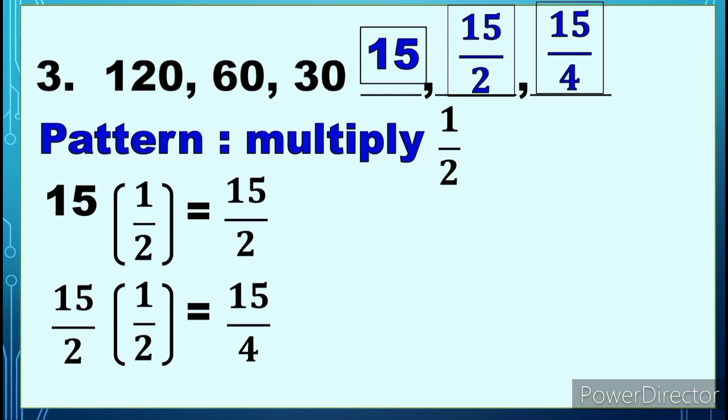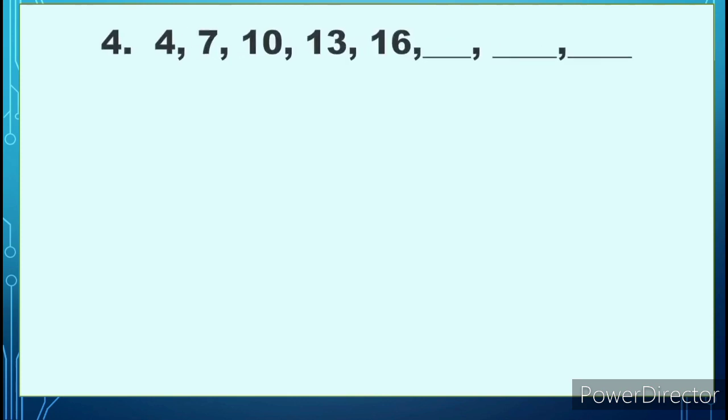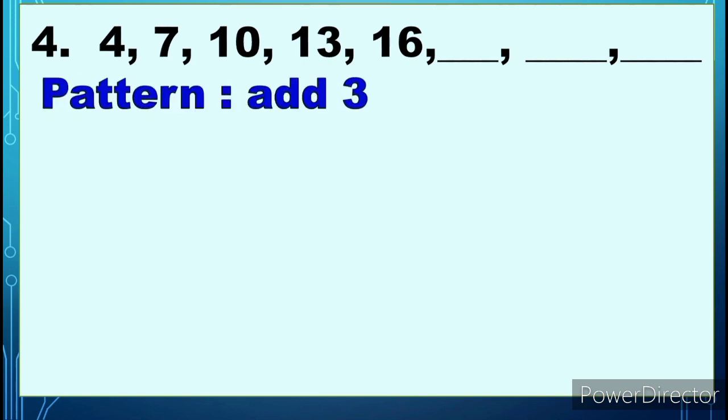Okay, now let's have number 4. So number 4 sequence is 4, 7, 10, 13, 16. So, ano ang pattern? So, kung mapapansin ninyo, papataas ang numbers. At nagdadagdag tayo ng 3 bawat term. So, ang pattern ay add 3. 4 plus 3, 7 plus 3, 10 plus 3, 13 plus 3, 16.